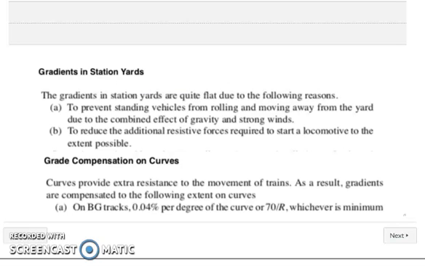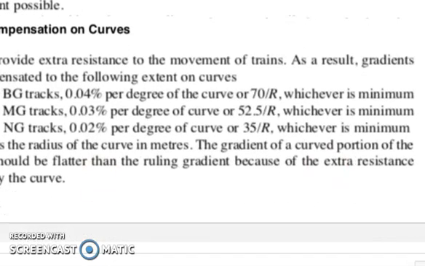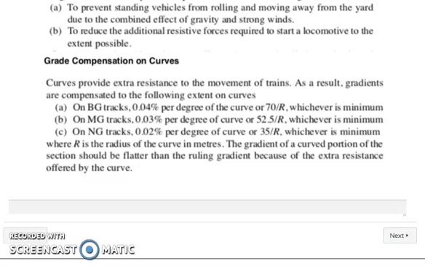Then for gradient compensation on curves, the curve provides extra resistance to the movement of the train. As a result, gradients are compensated to the following extent on curves. Number 1, for BG track, or broad gauge, that is 0.04% per degree of the curve, or 70 over R, whichever is minimum.